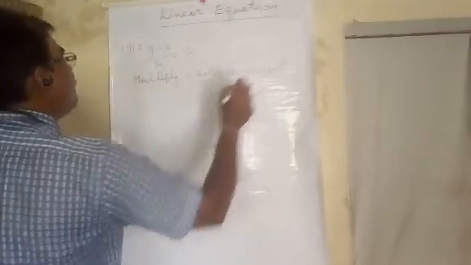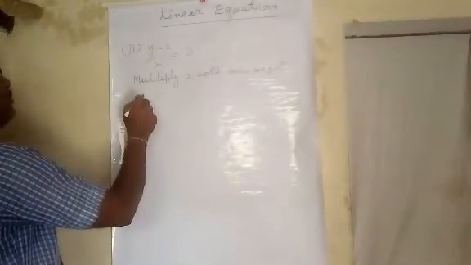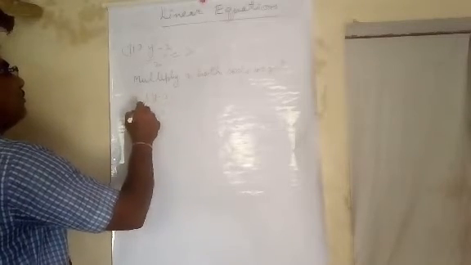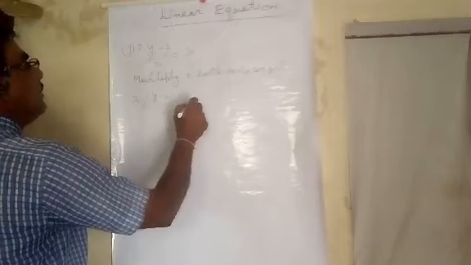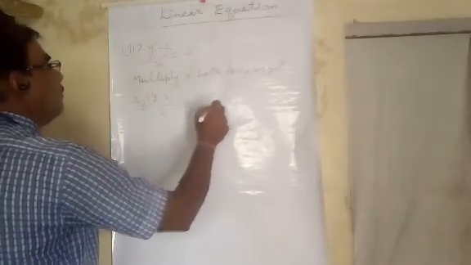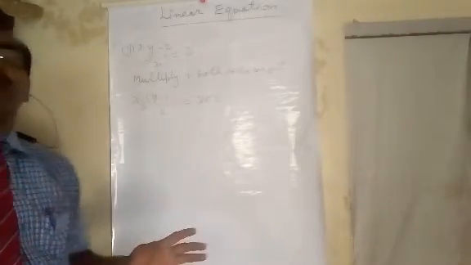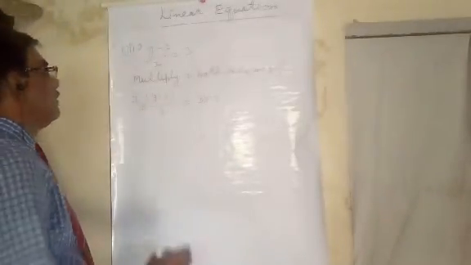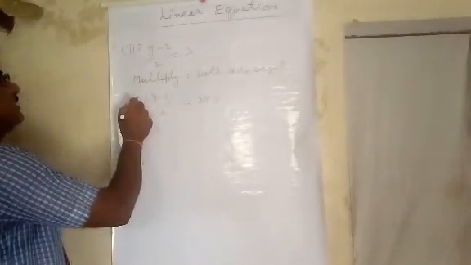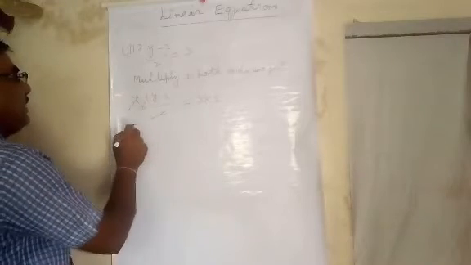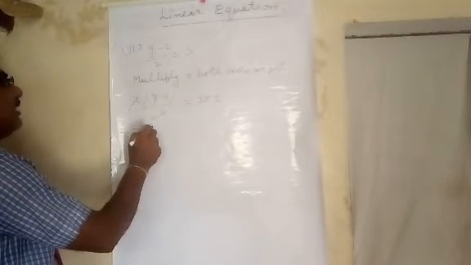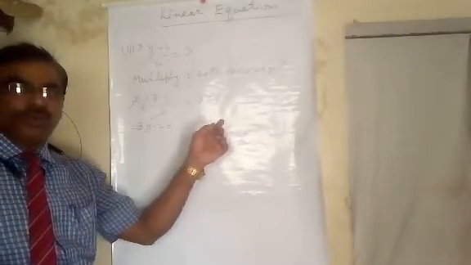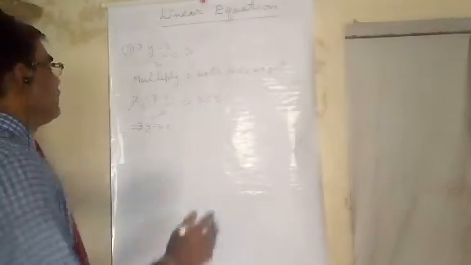We get 2 into (y minus 2) upon 2 equal 3 into 2. Here 2 is cancelled by this 2, and y minus 2 equal, when you multiply 3 into 2, we get 6.